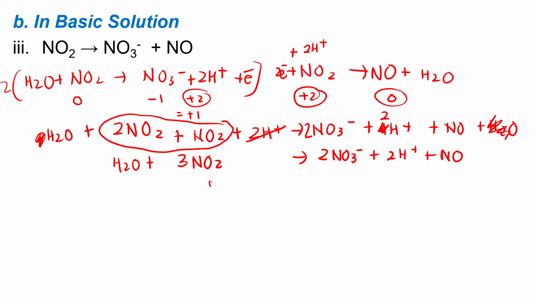So here charge 0, negative 2, positive 2. So 0. Okay, so we have 2H plus, so we add 2OH minus on your right hand side and left hand side. Okay, this one will combine to form 2H2O. So 2H2O minus 1 H2O here.